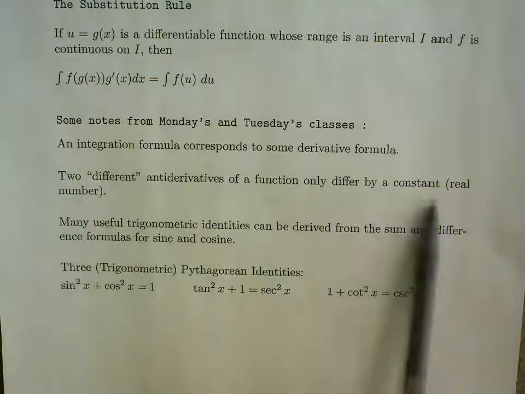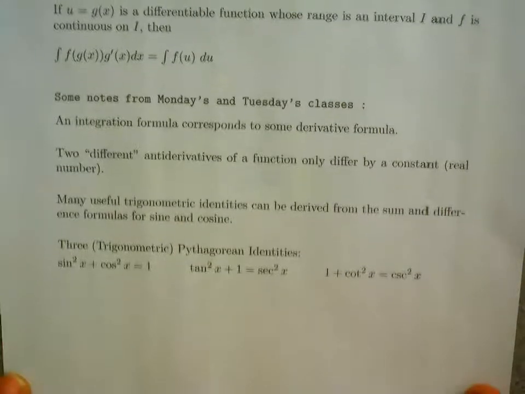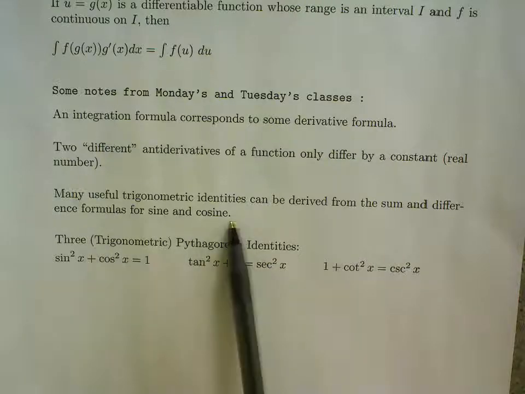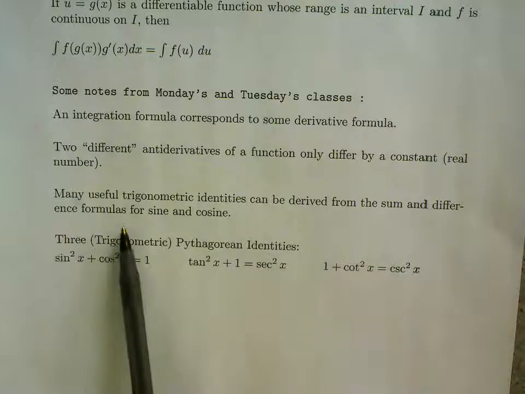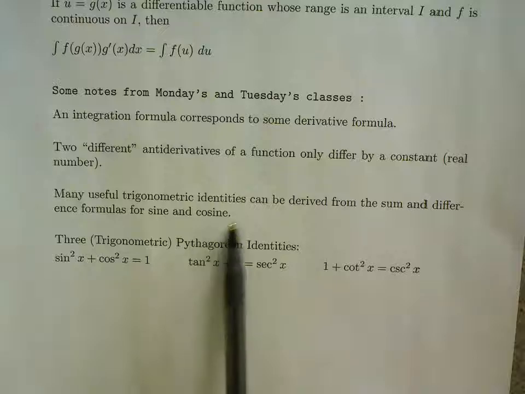So that is a concept from Calculus 1 that you might remember. And then many useful trigonometric identities can be derived from the sum and difference formulas for sine and cosine. So we saw some examples of that just a few minutes ago.